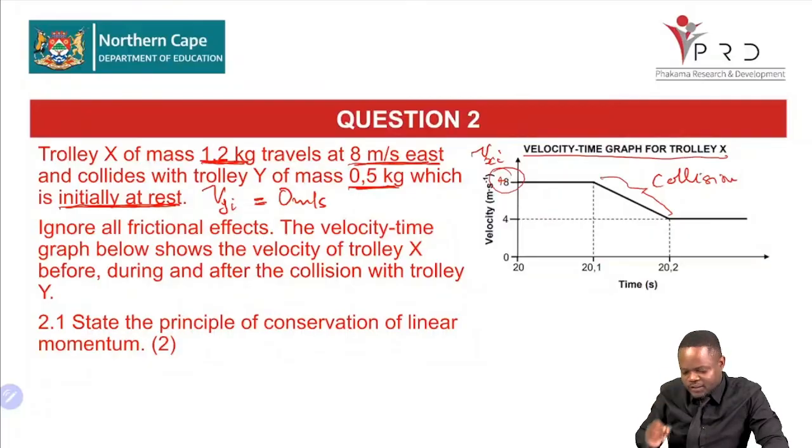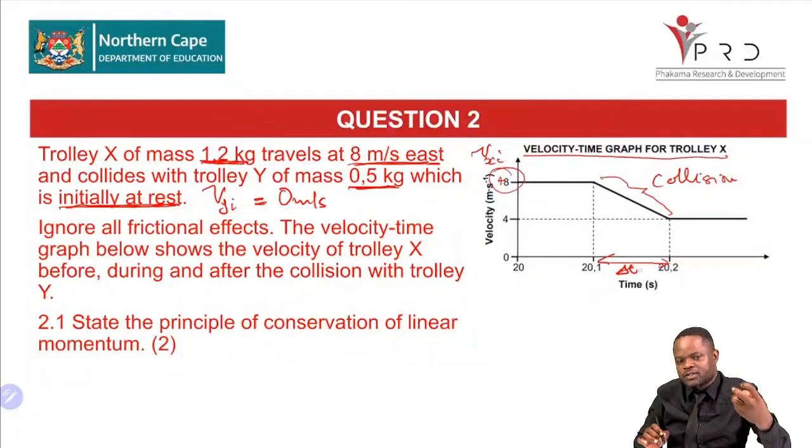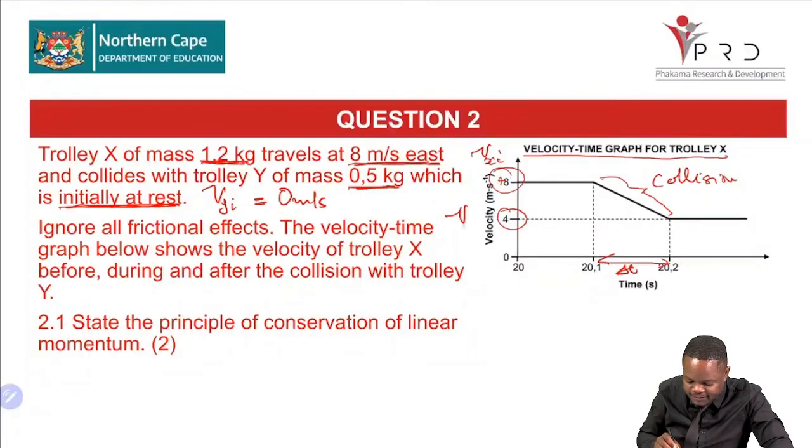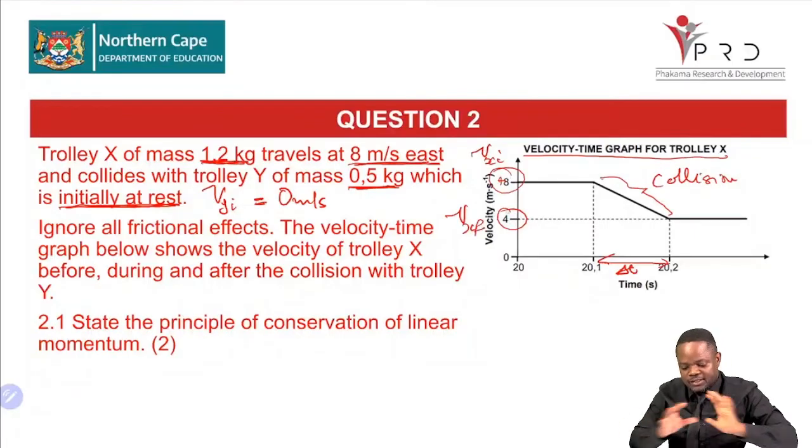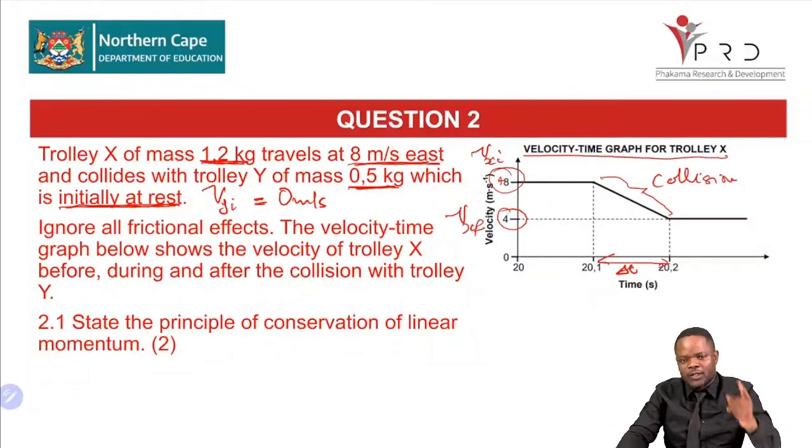And already, what are you noting? This time, which I'll call delta t, is the time of our collision, which is very important when we're now dealing with the question on impulse. All right? And then there, 4, that is the final velocity of X after collision. That is the information we are getting from our graph. I hope you were able to pick it up.